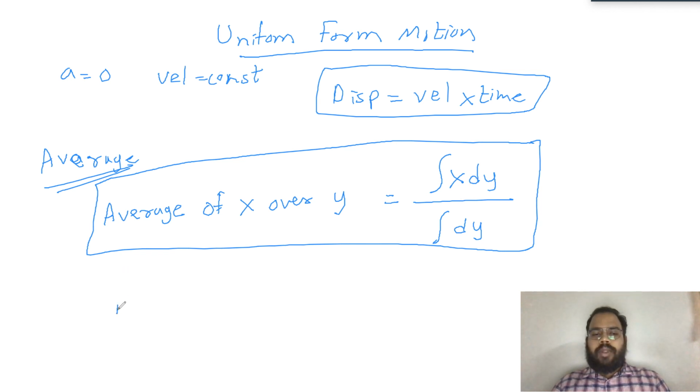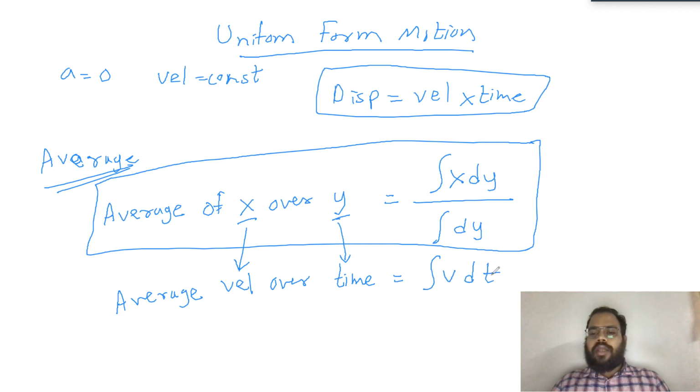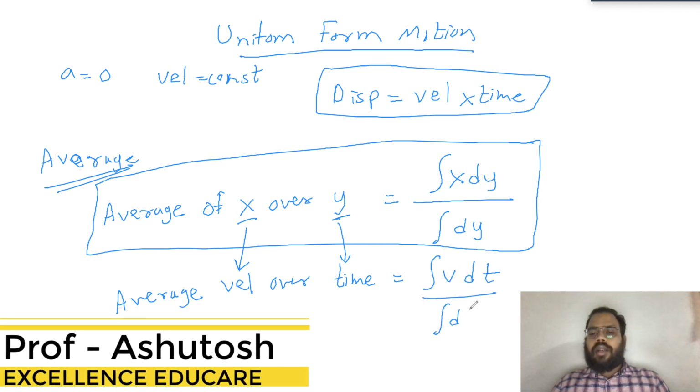For example, let's take average velocity over time. Here x is velocity and y is time. So I take integral v dt upon integral dt.